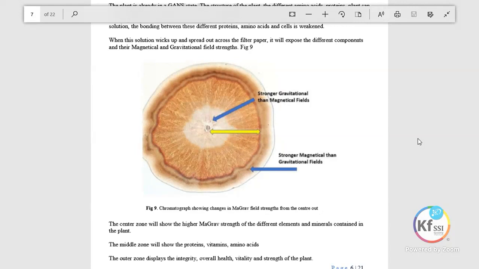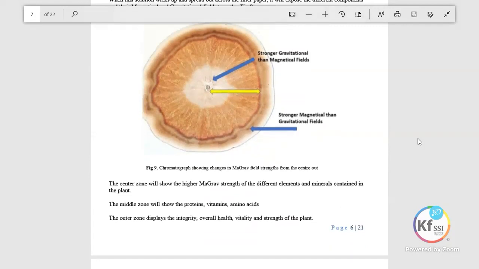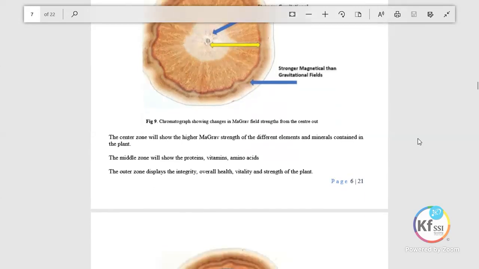And then on the very outside, we have stronger magnetic and weaker gravitational. So the center zone would show the higher maggrav strength of our different elements or minerals. The middle zone would show the proteins, vitamins, amino acids. And then the outer zone would essentially show, for me, the integrity and overall health and vitality of the plant.